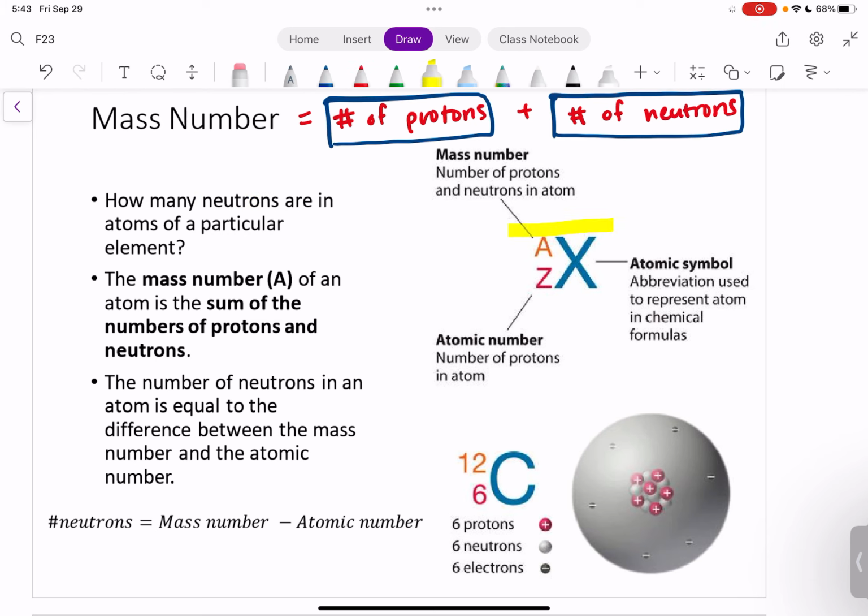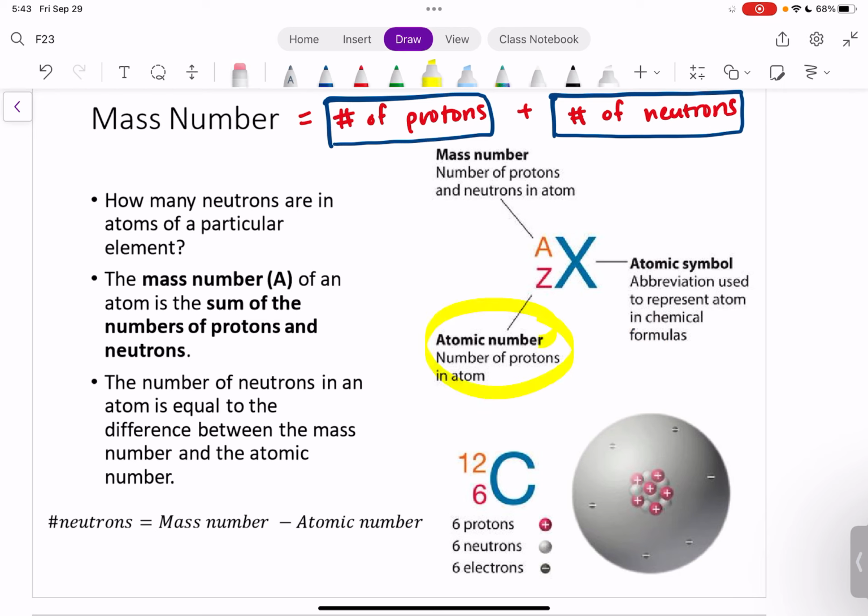Sometimes you'll see an element written out in this form here. Let's break this down a little bit. On the right you write your atomic symbol or element symbol. So what is it? Carbon, oxygen, fluorine, lithium, beryllium, hydrogen, whatever. What element do we have? That's where that X is.